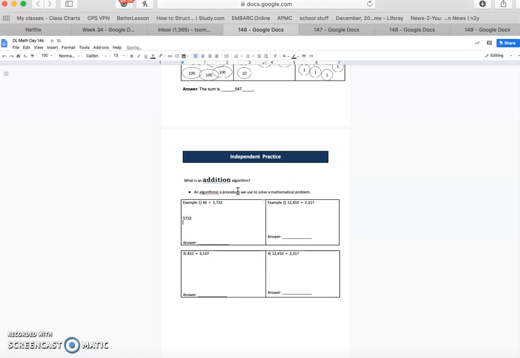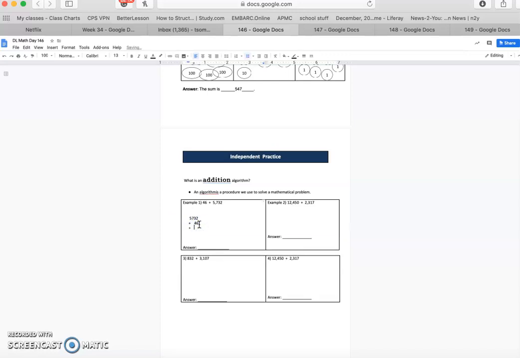So we have 5,732 plus 46. We're going to align those together so they can be added up the right way. Then I'm going to go down and add our dotted line.